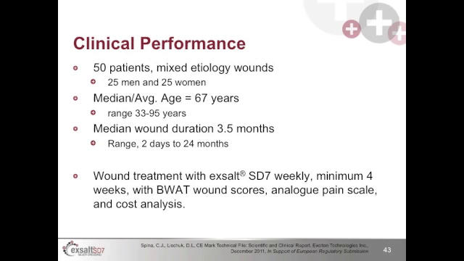Therefore, in this study, periodic wound assessment, in addition to pain assessment and cost analysis, was completed to determine the impact of silver oxysalt wound dressings on these diverse wounds.